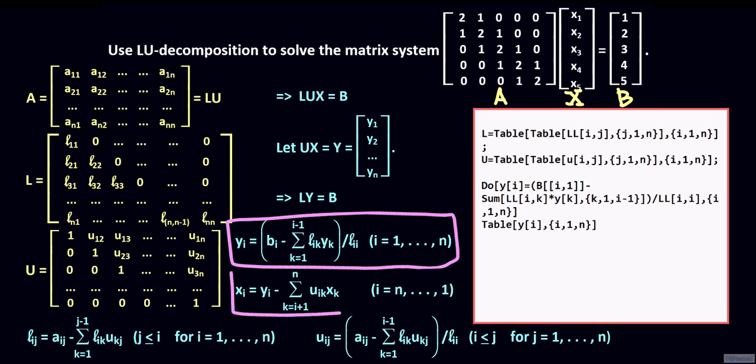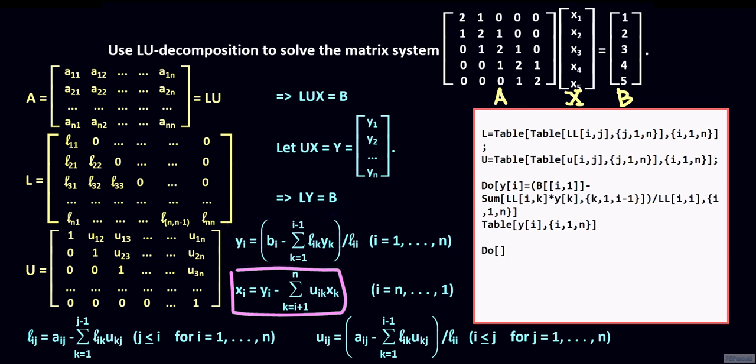To generate the x sub i's, we use another do loop. x sub i equals y sub i minus the sum of u sub ik times x sub k. The summation has k going from i plus 1 to n.